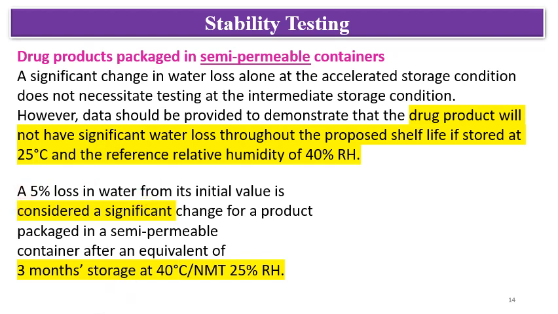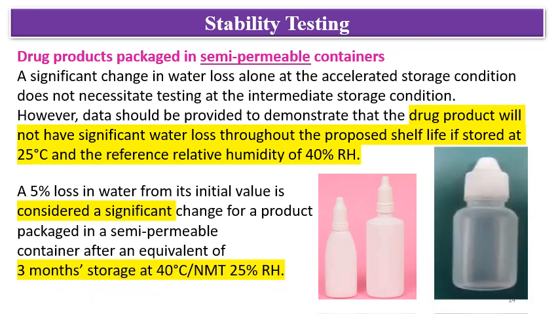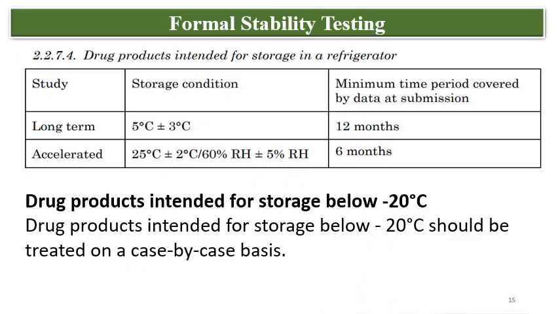A 5% loss from the initial value is considered significant if the product is packaged in semi-permeable container after the equivalent of 3 months storage at 40-25. So these are some of the examples of semi-permeable containers, and for these types of containers the lower humidity conditions are required for stability testing.